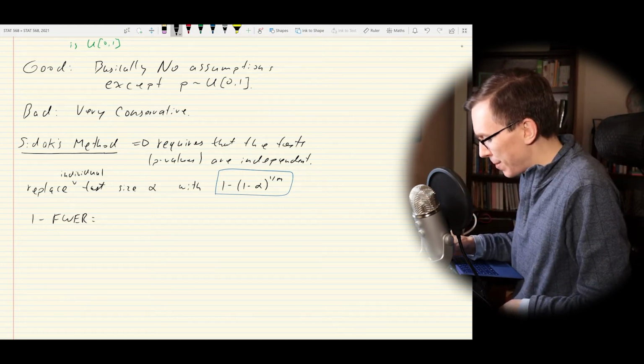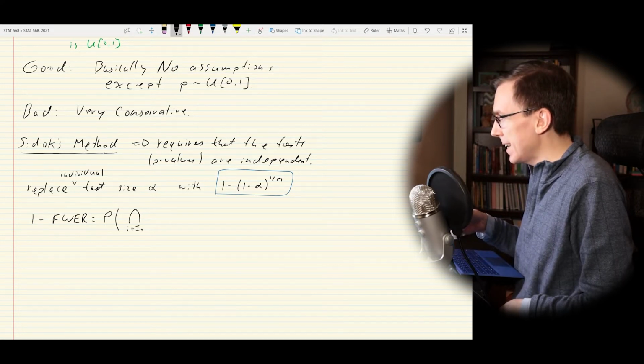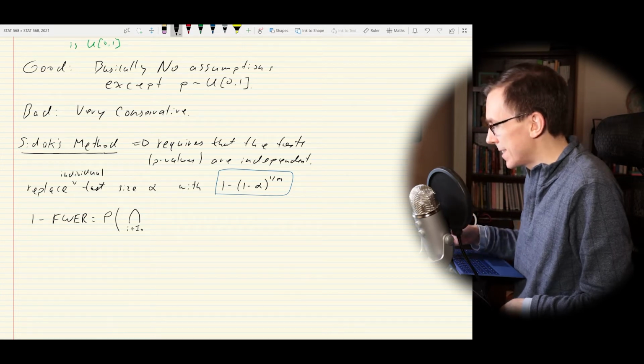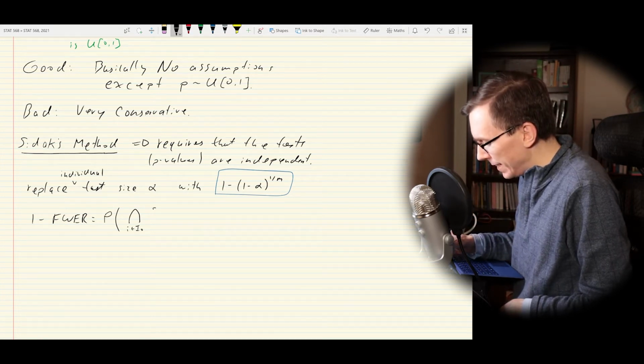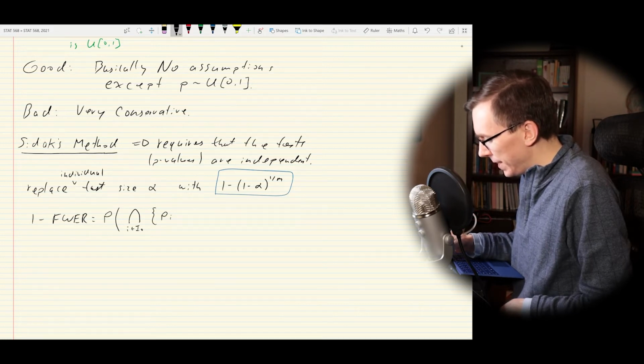It's going to be the probability of the intersection over i in I naught, remember the indices where the null hypothesis is true, of the events that all the p_i for i in I naught have to be greater than or equal to this threshold, 1 minus alpha to the 1 over m.